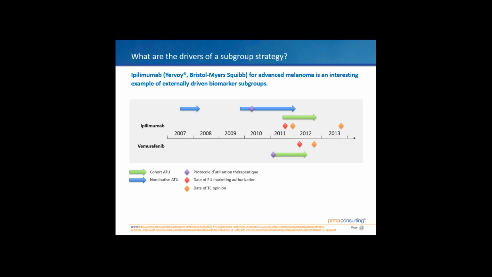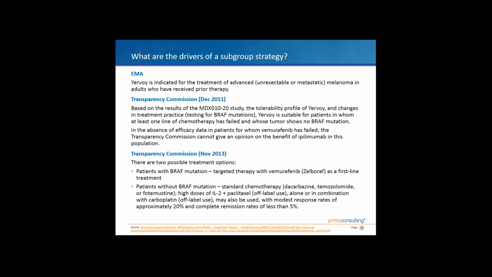arrived with an ATU and was able to be treated, the result of which was that despite marketing authorization for advanced unresectable and metastatic melanoma who have received prior therapy, the Transparency Commission in 2 successive assessments effectively restricted that to non-vemurafenib, i.e. BRAF mutation negative or wild type, on the basis that in BRAF mutation positive patients, vemurafenib would be the drug that was treated, and the data for ipilimumab wasn't satisfactorily head-to-head with vemurafenib, and via indirect treatment comparison didn't meet the requirements that the French have.